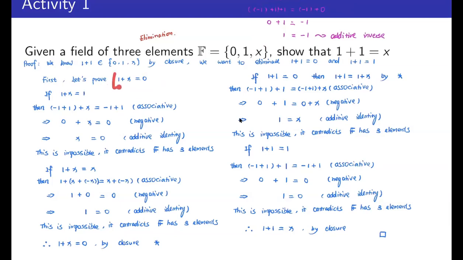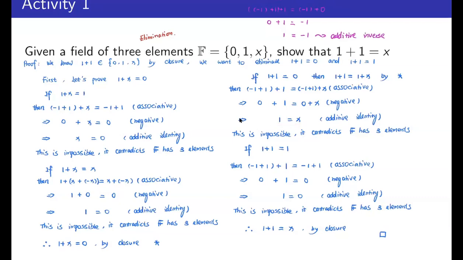Why do I pick 1 plus x? The reason is that I want to write 1 plus 1 equals 1 plus something, so that I can add -1 on both sides to eliminate my 1 and get 1 equals something.